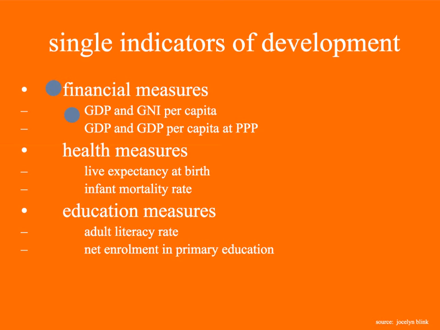Right? And this is important because in recent times there's been a massive increase in foreign direct investment, and you've got to be able to track where this money is coming from. If a developing country has a large foreign direct investment, then the GDP figures will be significantly higher than GNI.